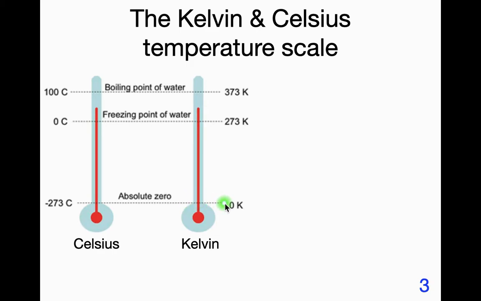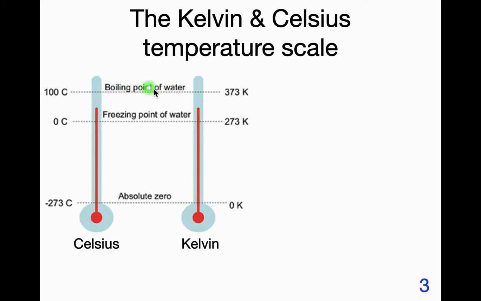So if we count up, and a Kelvin is exactly the same size as a degree Celsius, if we count up to 273 kelvins, we would be at the freezing point of water. Count up another 100 kelvins, 373 kelvins, we would be at the boiling point of water.